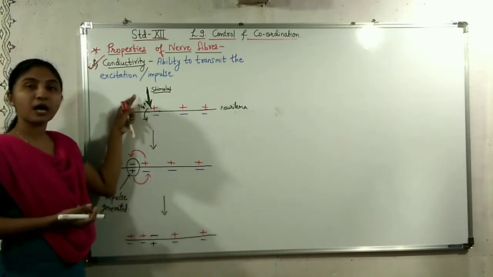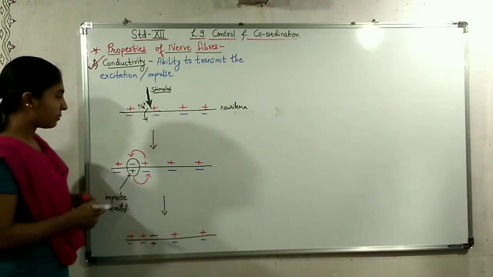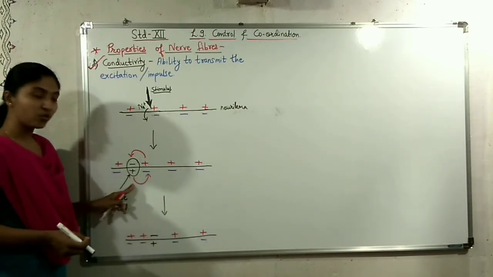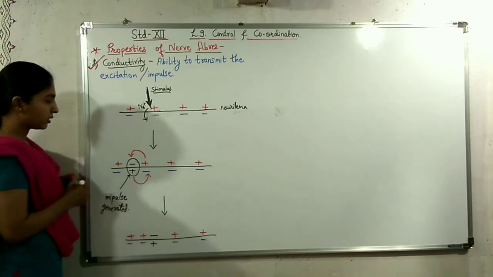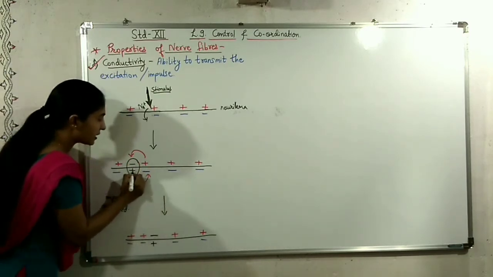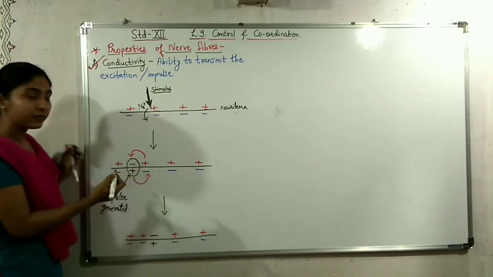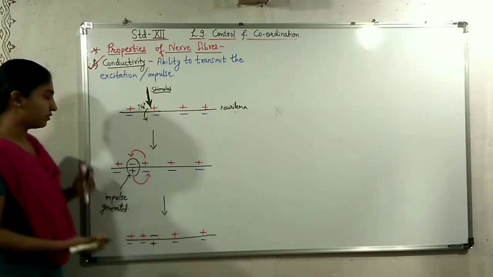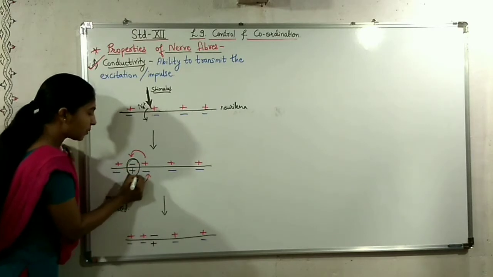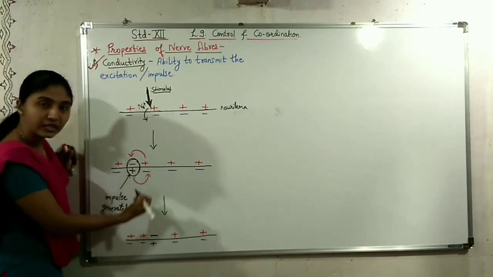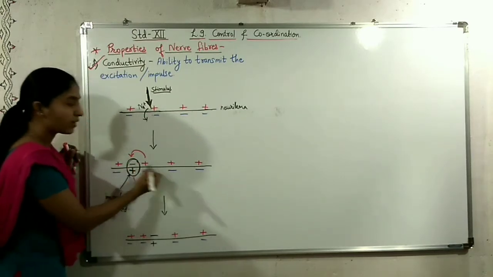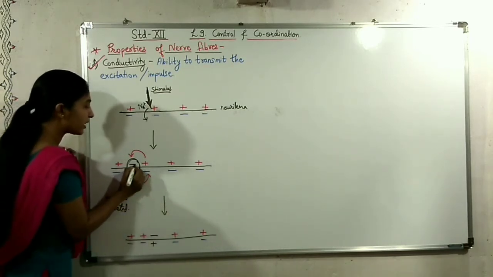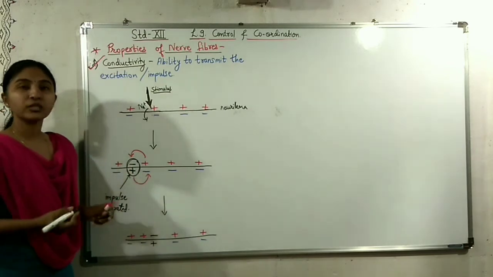So it will look like this. The inner membrane will become electropositive and the outer membrane will become electronegative.